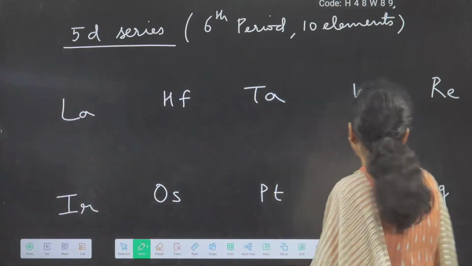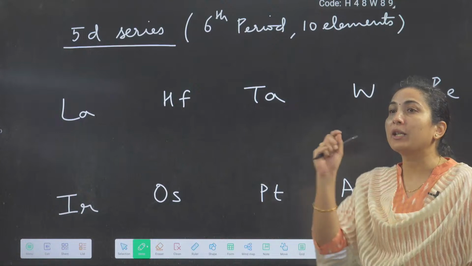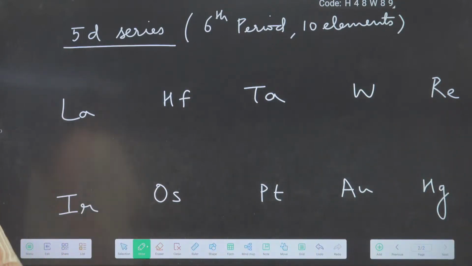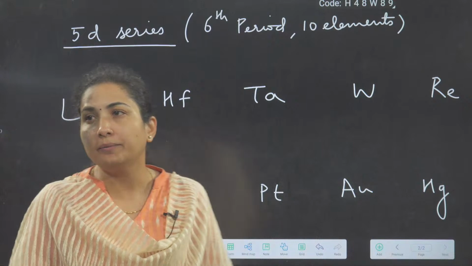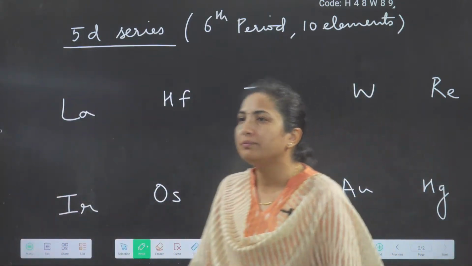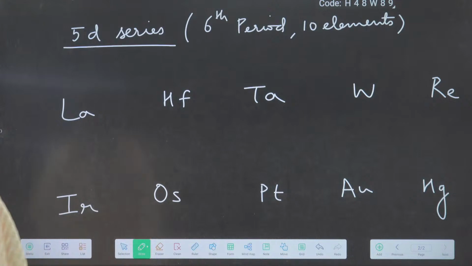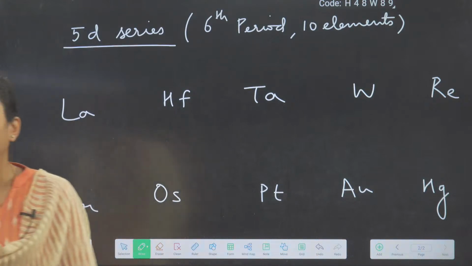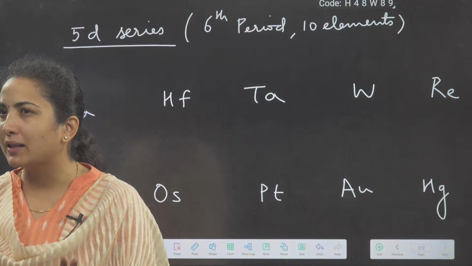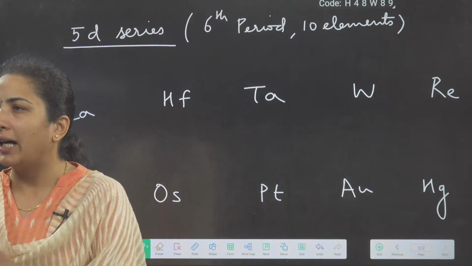Then HG is for mercury. Mercury, all of you know because you have seen that in the thermometers. Nowadays digital thermometers are there. And what is the Latin name of mercury? Any idea from where that symbol is coming? Latin name of mercury, hydrargyrum.